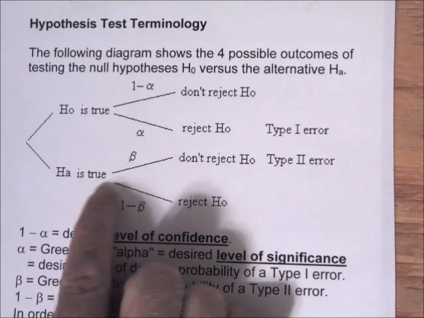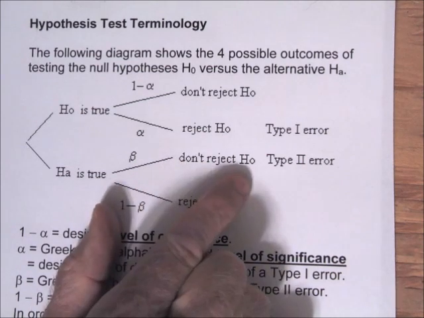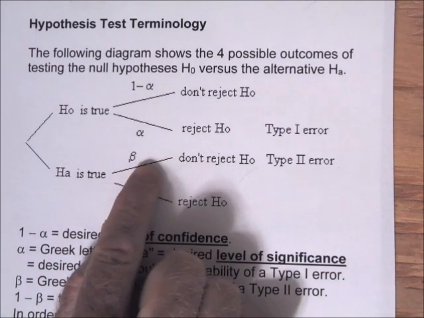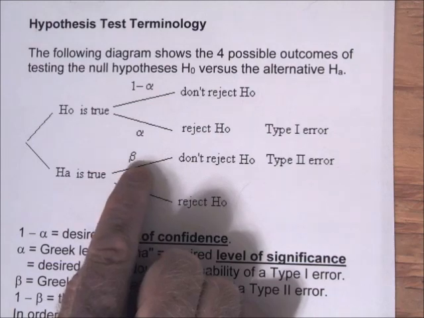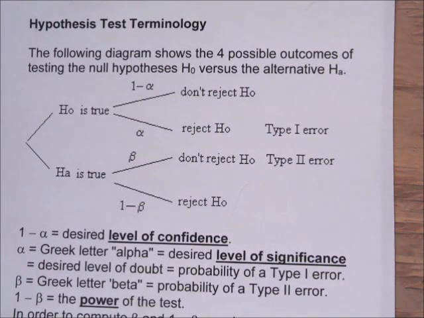Another possibility would be that HA might be true and we don't reject H naught. That's a type 2 error, and that's usually represented by the Greek letter beta. Usually we don't compute beta, or we don't know what beta is.